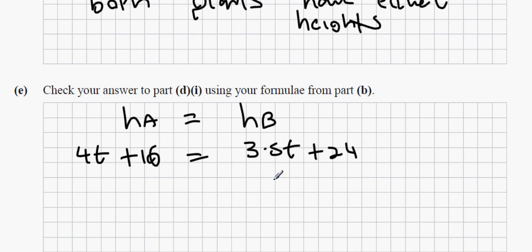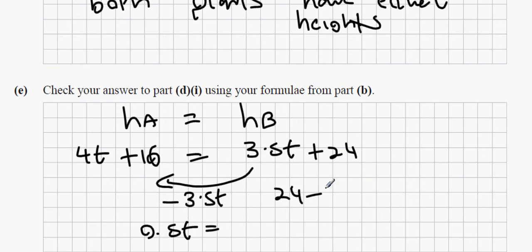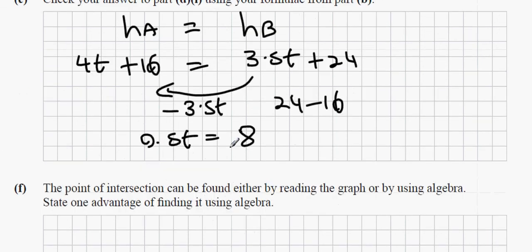Bring the t's over to one side, and 4t minus 3.5t gives you 0.5t, and then we have 24 minus 16 on the other side, which equals 8. So 0.5t equals 8, and then t will equal 16. 16 days. So the answer should have been 16 days.